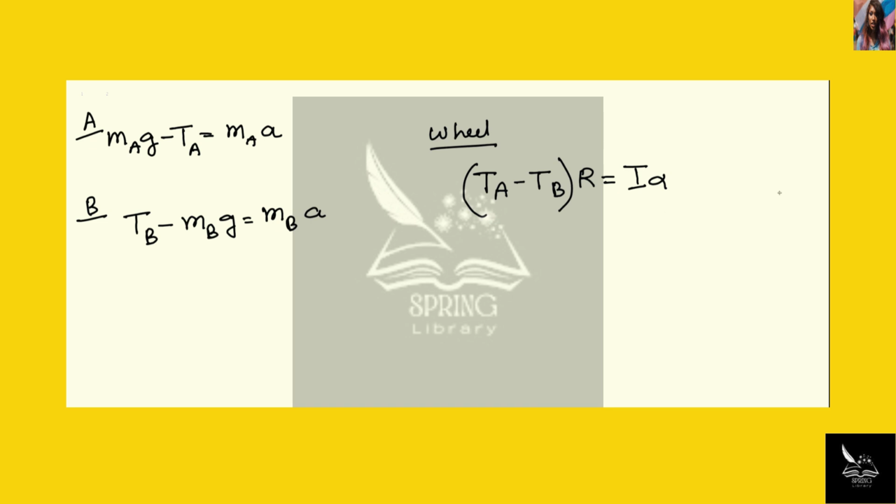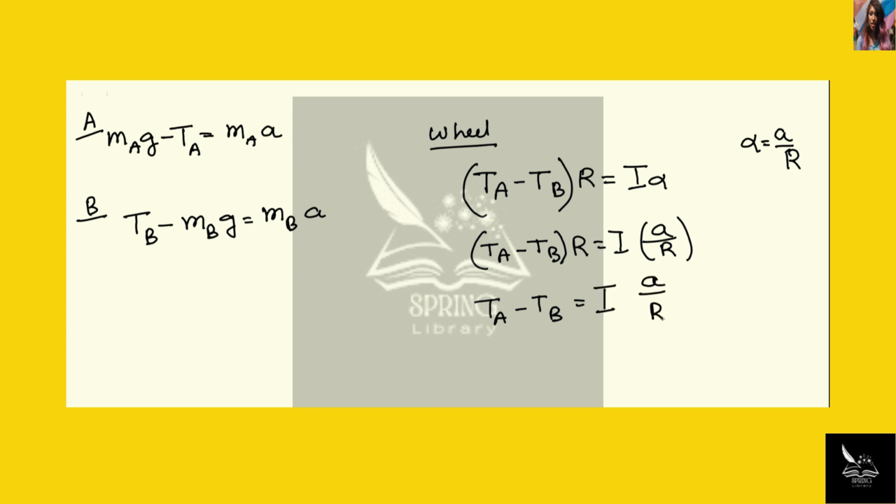And since this is a problem of rolling without slipping, we can consider alpha equals a over R, where R is the radius of the wheel. So we can substitute that over here, and if we do so, we have TA minus TB times R equals I times a over R. From there, we can do a little modification. We can take this R over here, and then we'll get a over R squared.